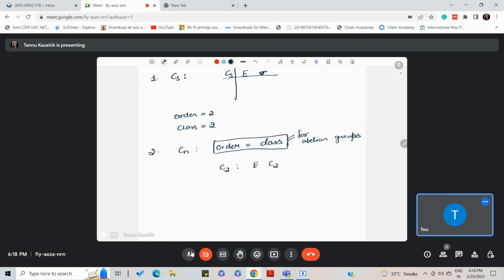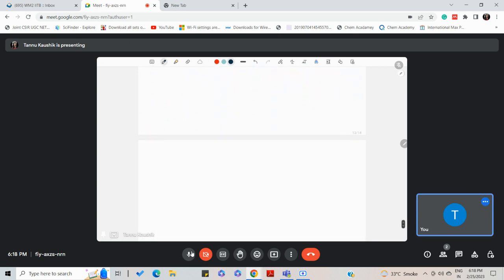It will have E and C2, a twofold axis of rotation as its principal axis. It will have only two symmetry operations, so order is 2 and class is also 2. For C3, the symmetry operations are identity element, C31 and C32. So here order is equal to 3 and class will also be 3.